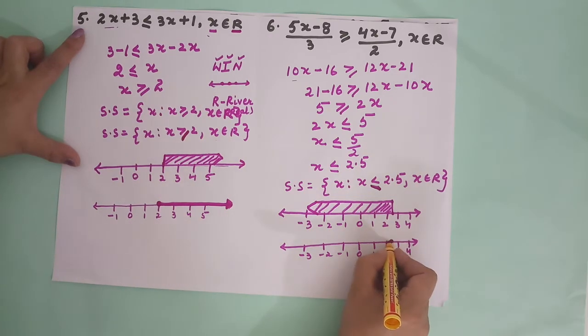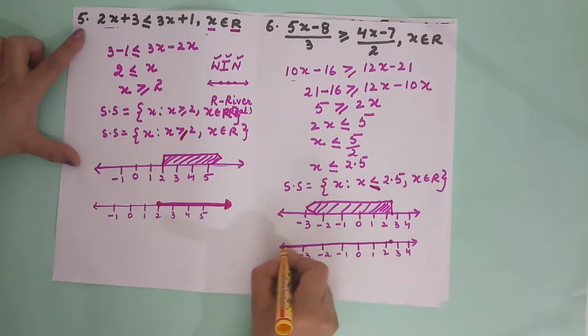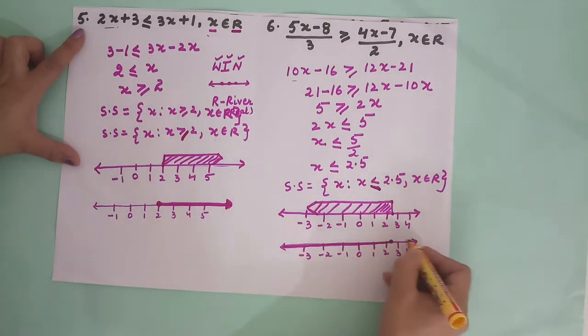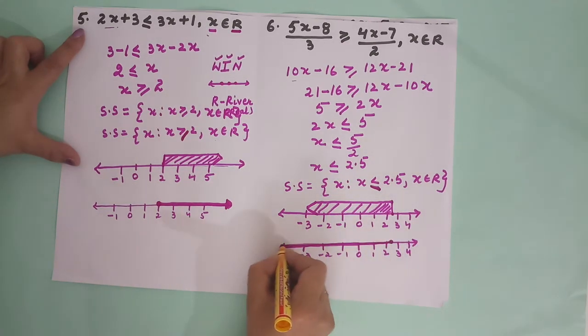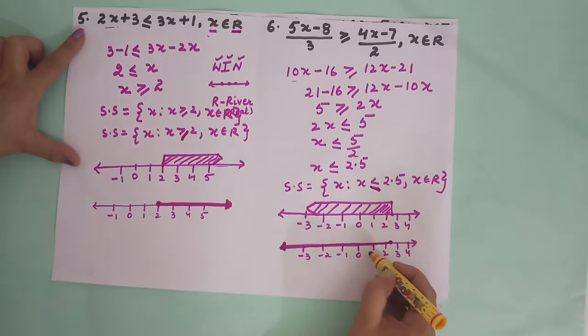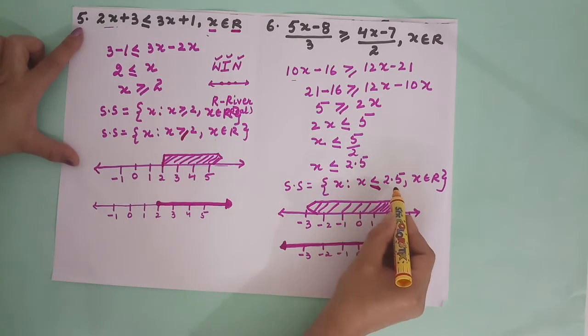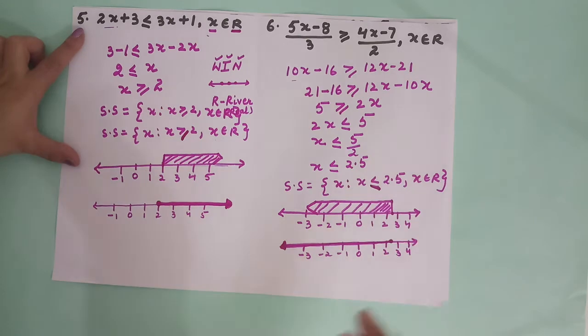From there I'll darken this line. It should be visibly darker than the other portion. And also darken this arrow. This is another way of representing x is less or equal to 2.5. Right?